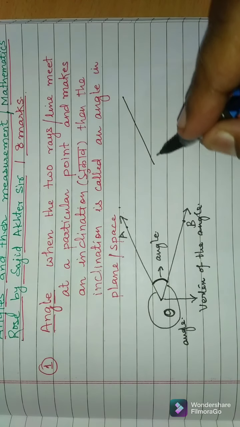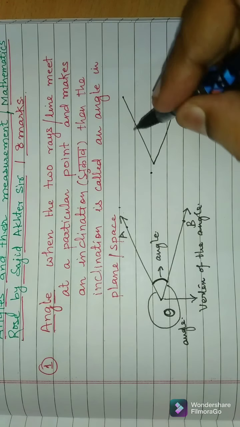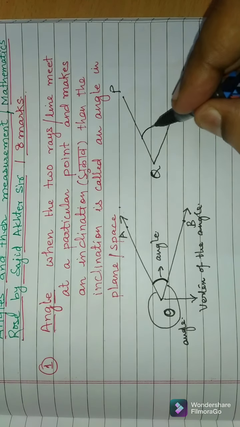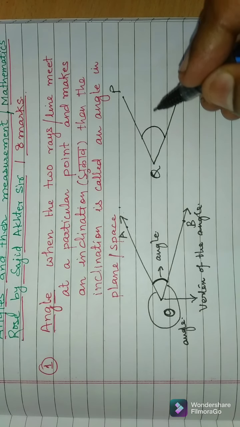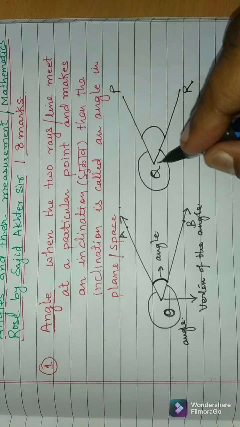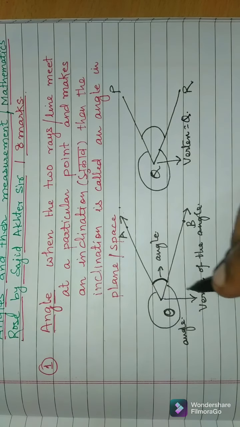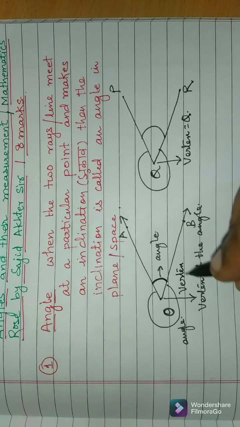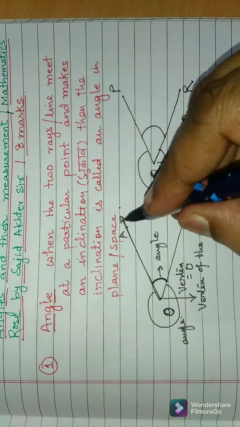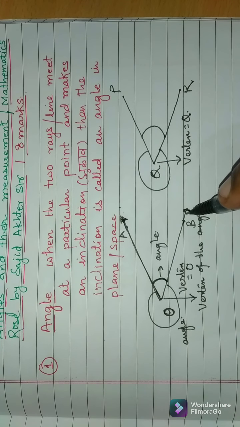Suppose we take two line segments, PQ and QR. Here the inclination is formed, and this is also an inclination, and here the vertex is Q. Suppose we are taking just line segments, not rays.